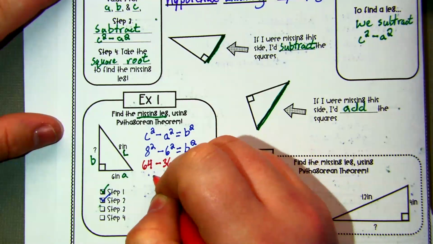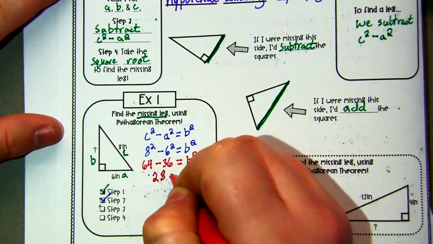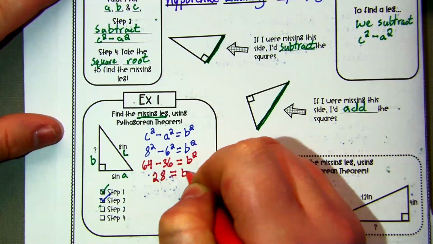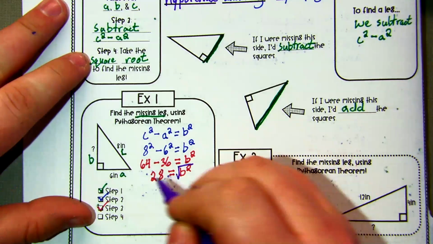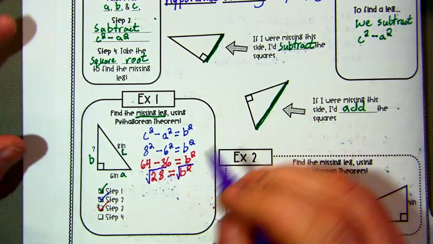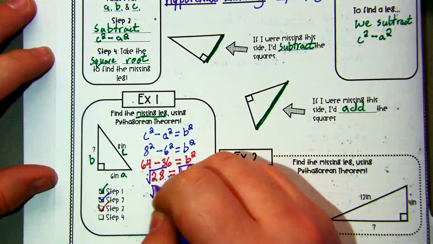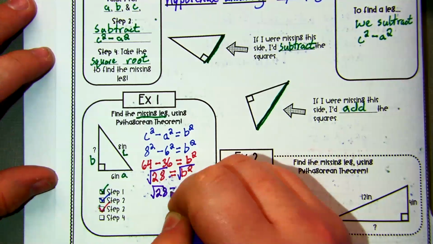We do that subtraction and we get 28 equals b squared. Our last step is to take our square root and simplify. Radical 28 equals b.